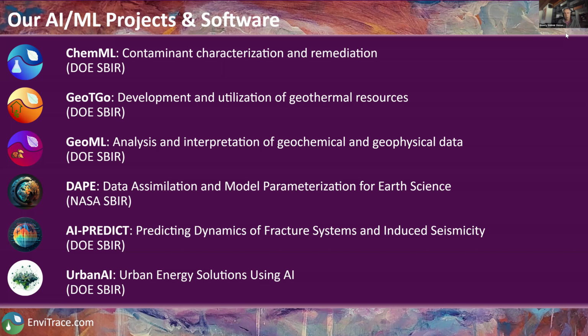We're also working with NASA to perform artificial intelligence machine learning related to earth science models. Earth science models are very important not only for climate modeling, but also for predicting the amount of infiltration, precipitation, recharge and surface runoff occurring on a watershed scale.